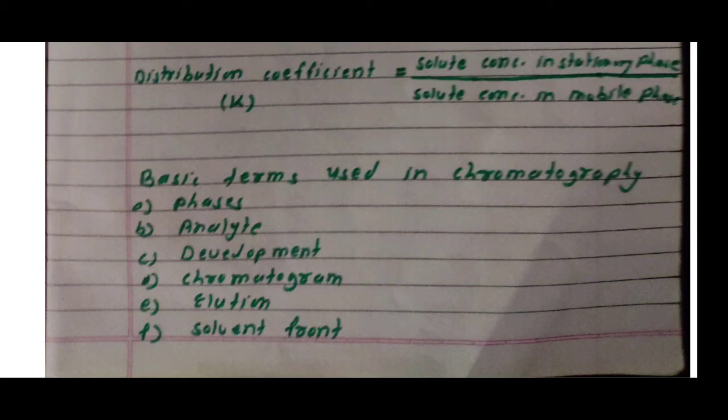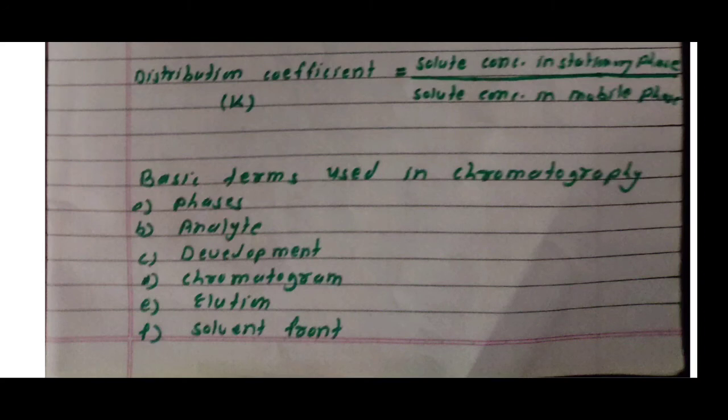The other is the mobile phase. Mobile phase is liquid or gas that moves over or through the stationary phase and acts as a solvent or developer. It carries forward the solutes of the analyte and helps to resolve them into separate bands.